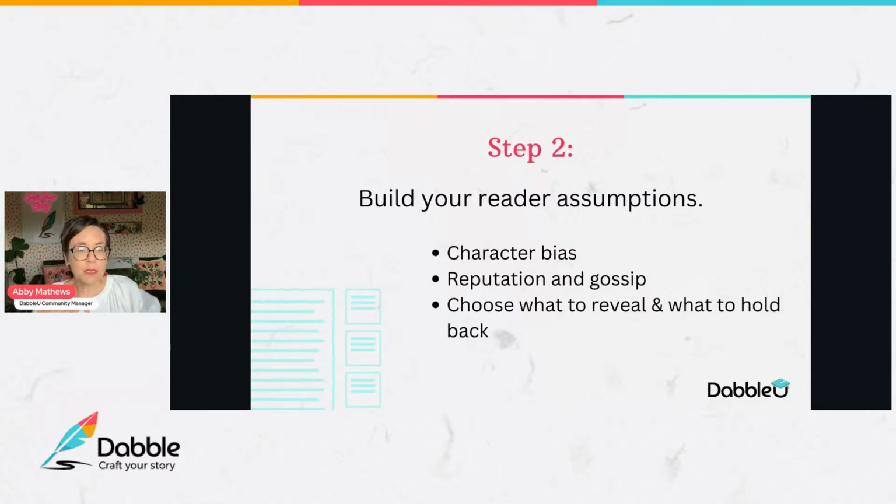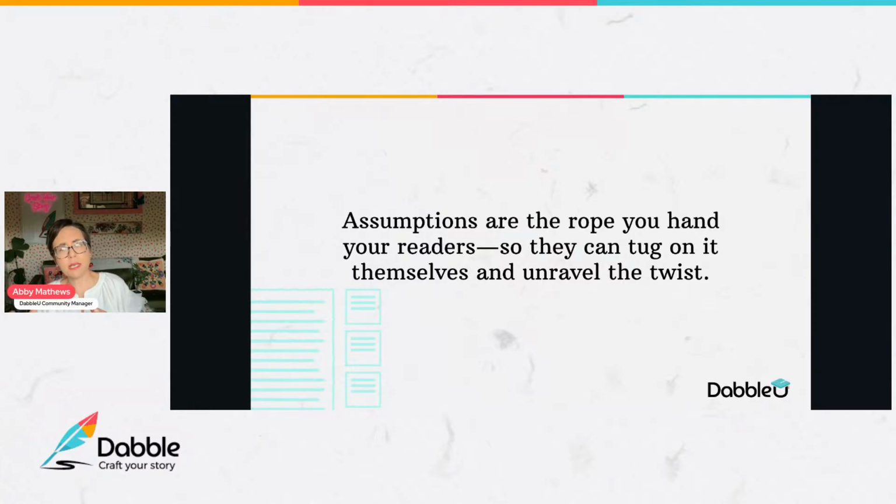So in Simon versus the Homo sapiens agenda, Simon, and therefore the reader, fixate on the wrong classmates because the clues are framed in ways that just feel convincing, right? But the truth is quietly sitting there in the background the whole time. All right, so assumptions are the rope you're going to hand your readers so that they can tug on it themselves and unravel the twist.